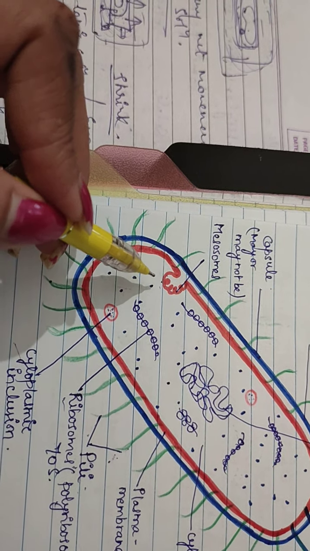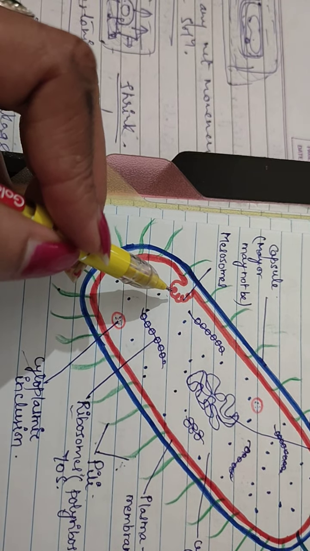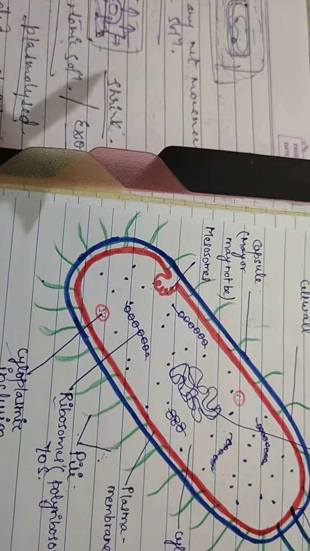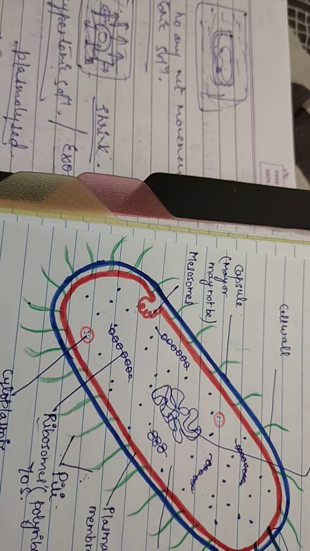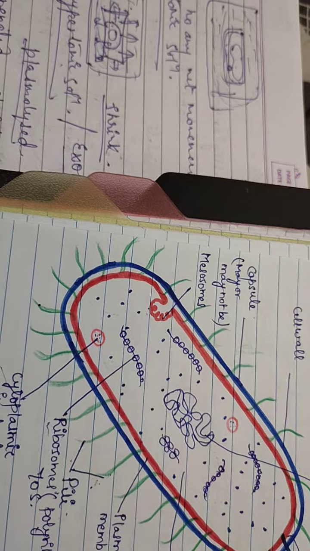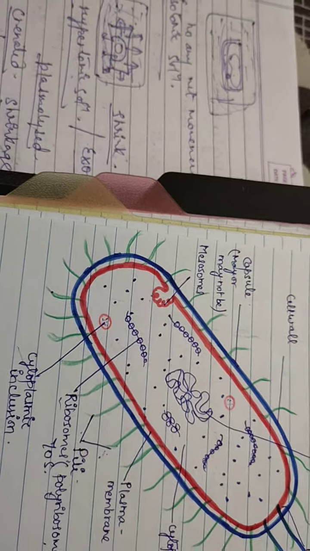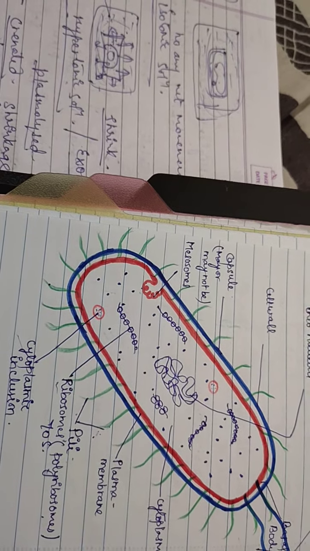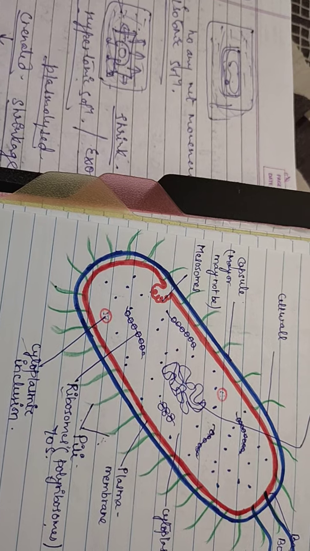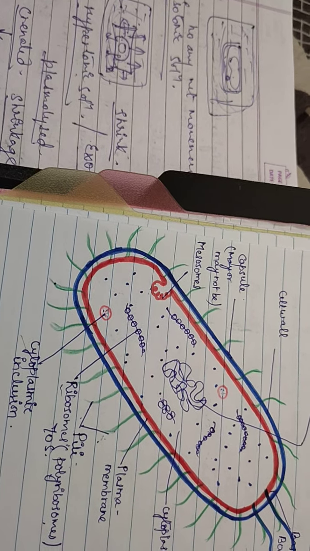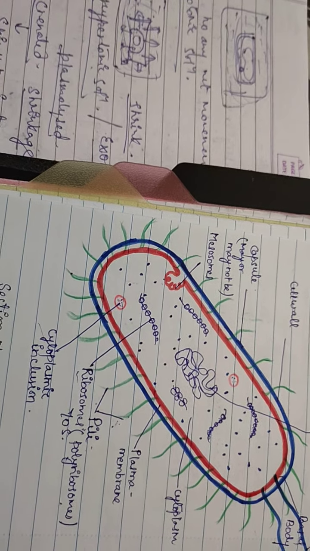And they have so many enzymes which can take part in the respiration process. So I took another term, that is gram positive bacteria. So this you will also study in the chapter cell. What is the meaning of gram positive and gram negative bacteria? So this is all about the eubacteria.